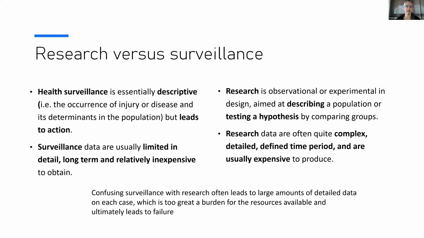And so confusing it with research will often lead someone to try to gather too much information that they're not going to actually use in the essence of doing anything about it. And so if you're collecting for the sake of collecting, then it's not really surveillance. And so that's an important distinction to be able to make and understand how that influences what you collect and how you collect it.